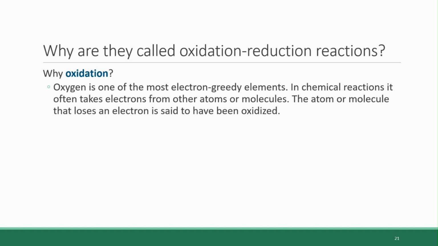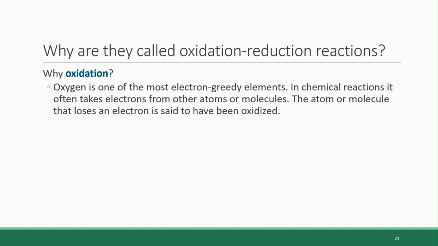As a result, the atom or molecule that has lost an electron has become oxidized, or acted upon by oxygen. However, it's important to note that the element oxygen is by no means always the thing taking electrons. It's just so notorious for its electron greediness that it gets its namesake and use case. So that's one half of the equation.